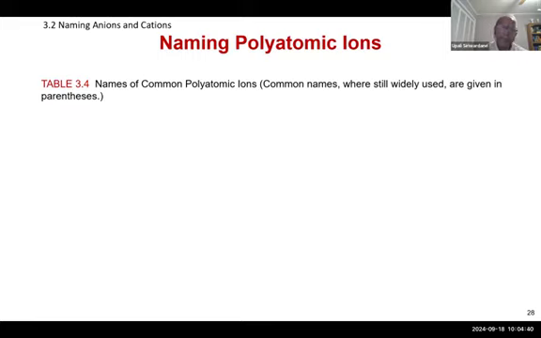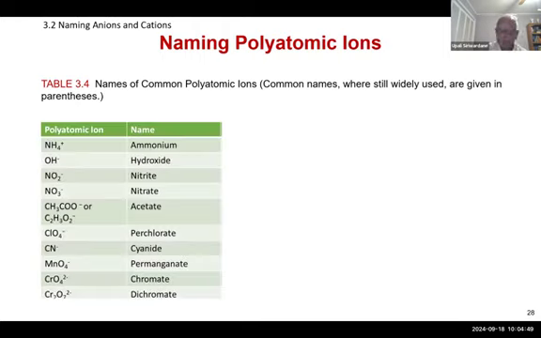Mainly polyatomic ions are anions, except one, ammonium ion. This is the only cation we call a polyatomic ion, positively charged. It's called ammonium ion. All others are anions.